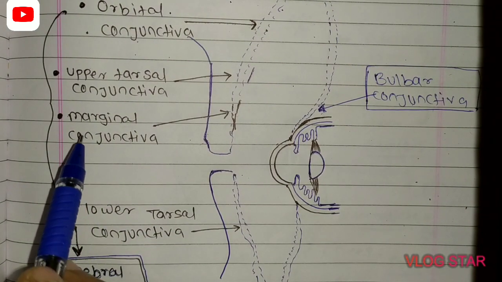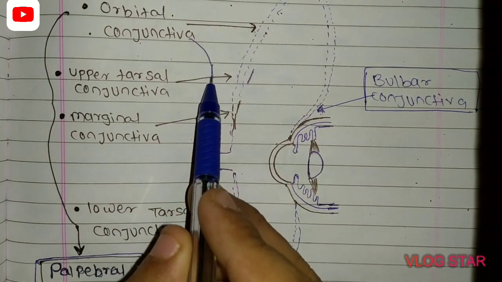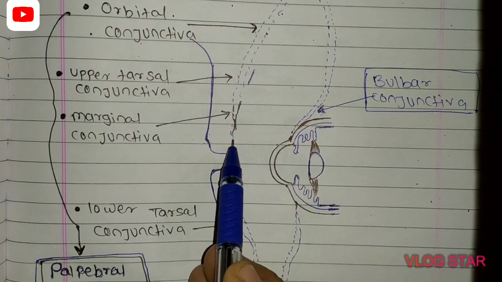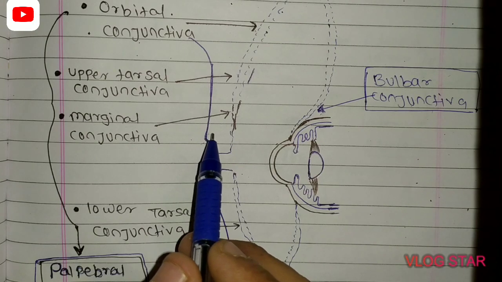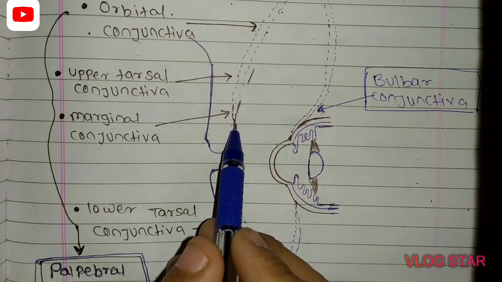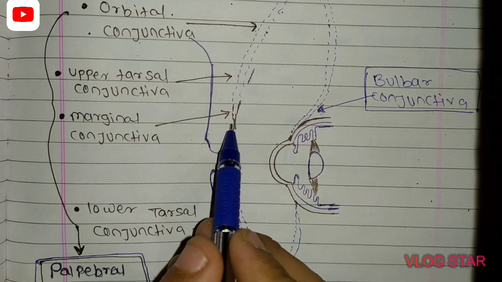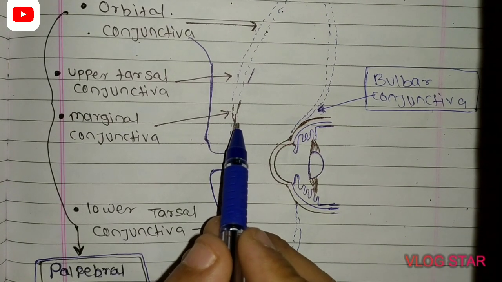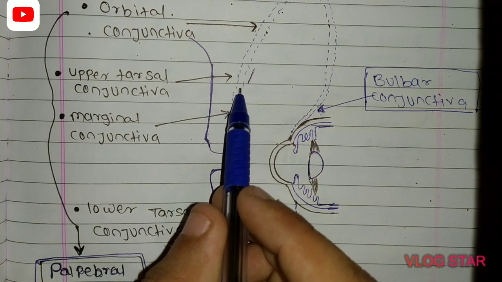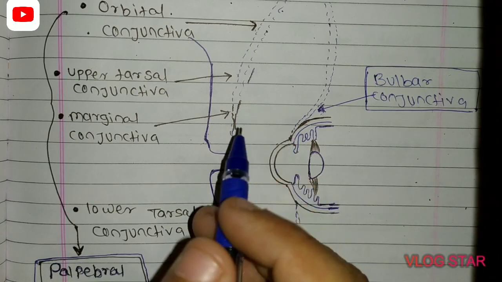Now I will talk about the marginal conjunctiva. Suppose this is the outer lid margin and this is the inner lid margin. This marginal conjunctiva extends from the intermarginal zone of the lid margin, goes towards the tarsal conjunctiva, and finally ends at the tarsal sulcus.